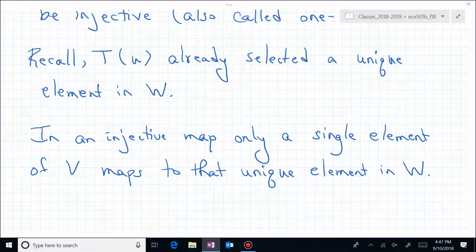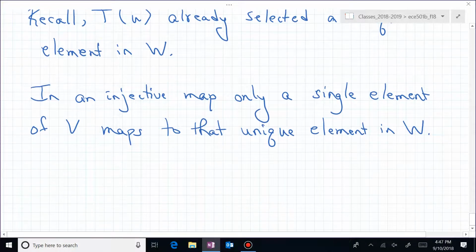Is that clear? So that doesn't mean that I can't go to the same point in W. Sometimes we read that into that statement, and that's not what is being said by that statement. So make sure it's clear there. So in an injective map, only a single element of V maps to that unique element in W. That's our one-to-one relationship.